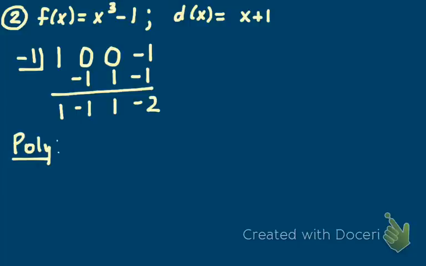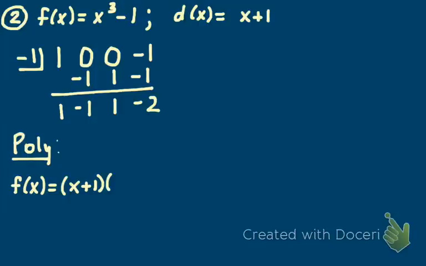You take the name of the polynomial, and of course that's f of x equals, and then you write the product of the thing you were dividing by and the result.